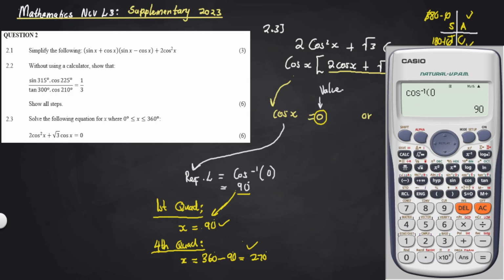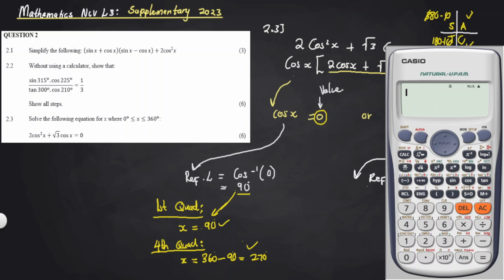Now we have another set of solutions. Reference angle is equal to arc cos of square root 3 over 2. Whenever you calculate the reference angle, you do not take into consideration the sign of that value.